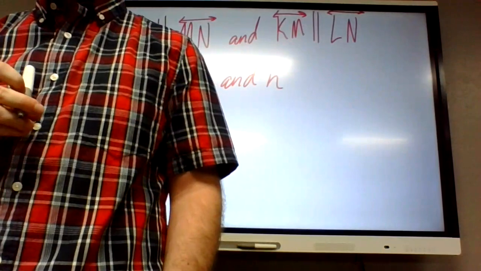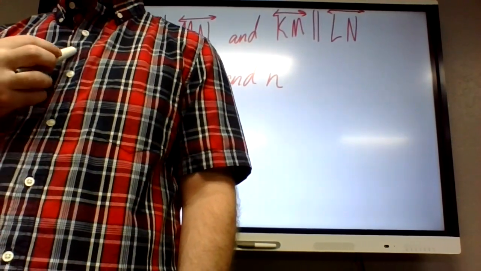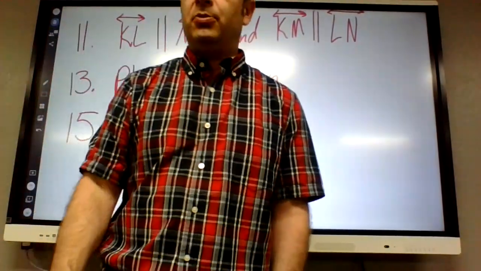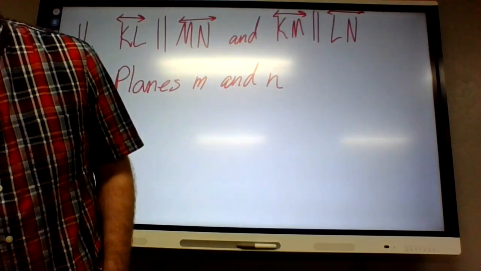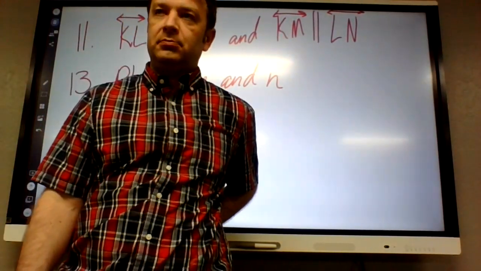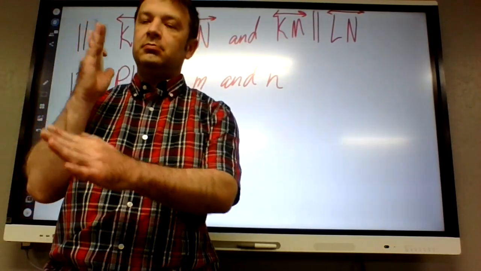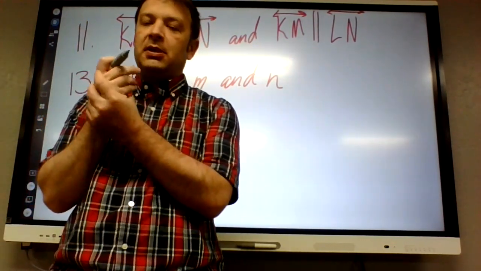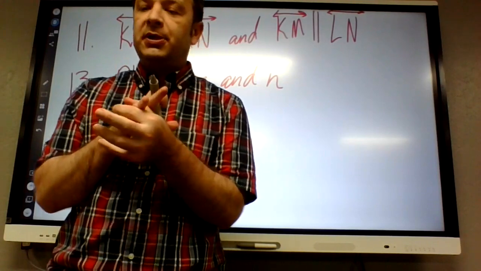Okay, anyways, number 15. Name three concurrent lines. So what did concurrent mean? What are concurrent lines? Lines that intersect at a point. So intersecting lines.